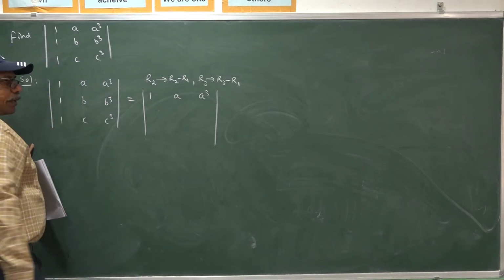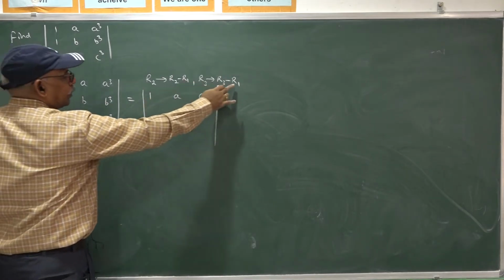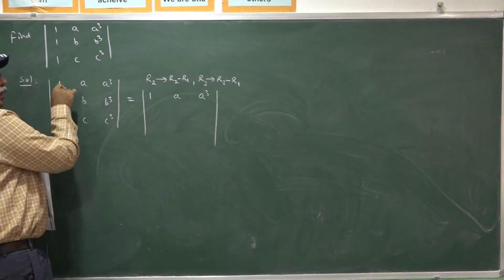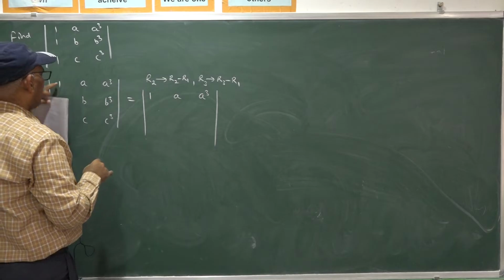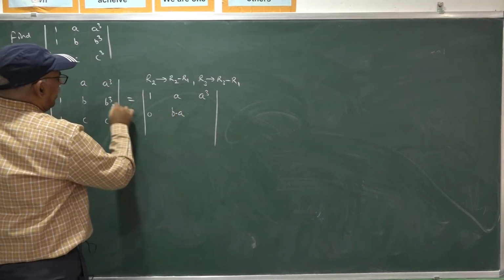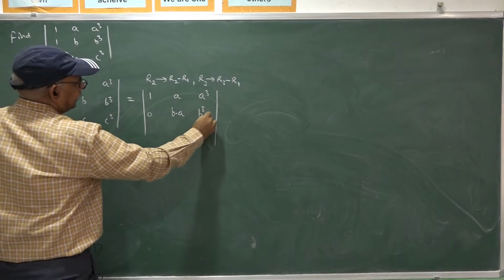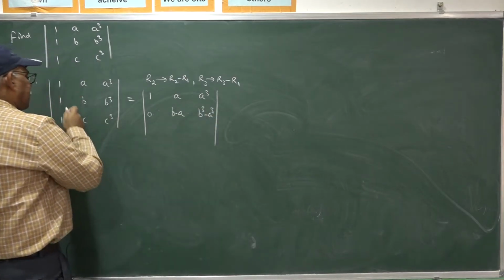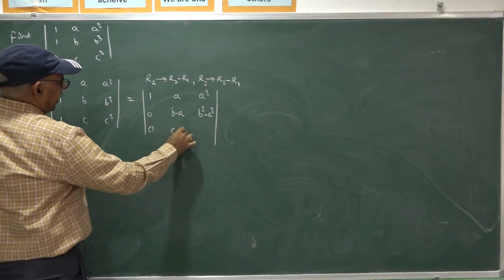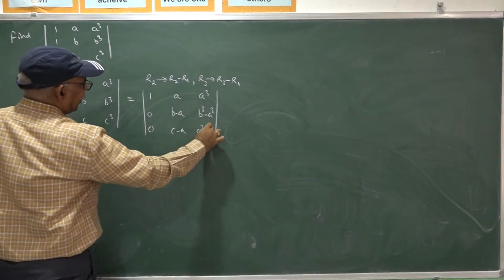So subtract R1 elements from R2 and R3. Subtracting R1 elements from R2: 1 minus 1 is 0, B minus A, B cube minus A cube. Similarly, subtracting R1 elements from R3: 0, C minus A, C cube minus A cube.